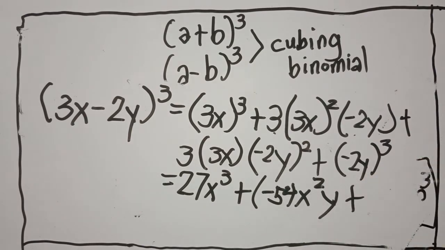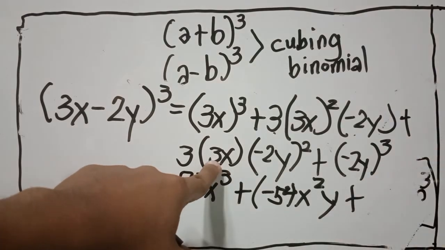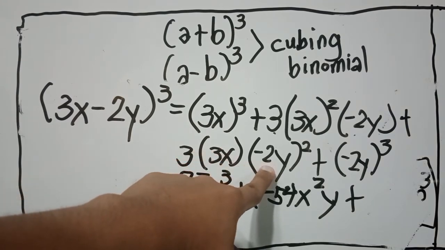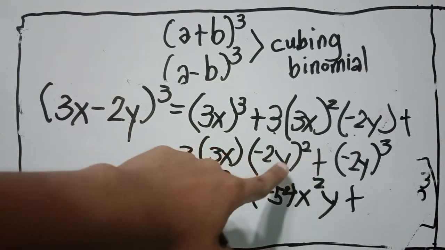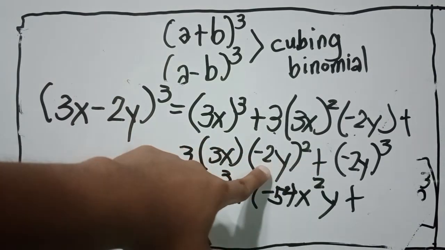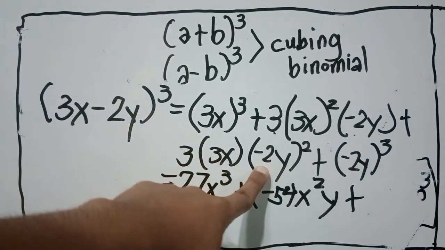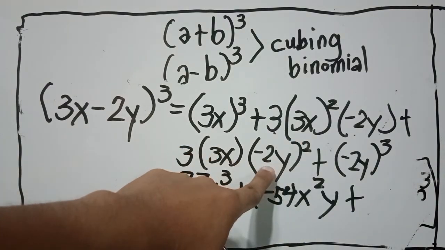Plus, we have here 3 times 3, that's 9, times x, that's 9x, times negative 2y squared. Negative 2y squared is equivalent to 4y squared, because when you square negative numbers, the result is positive.